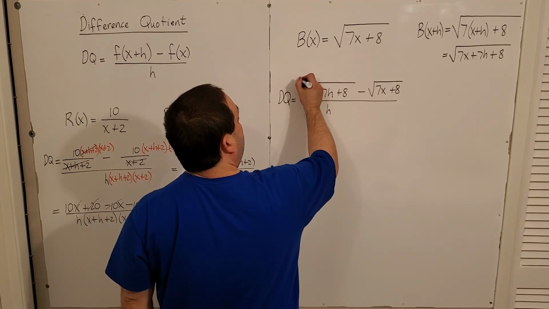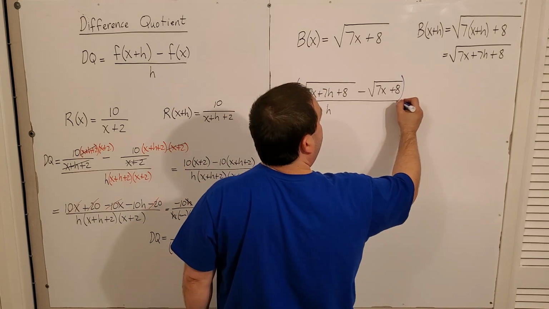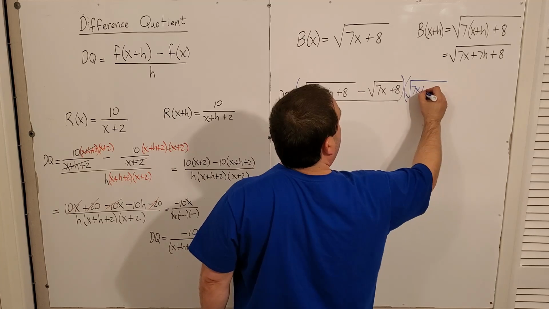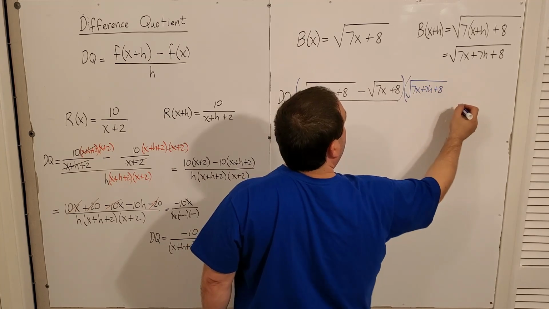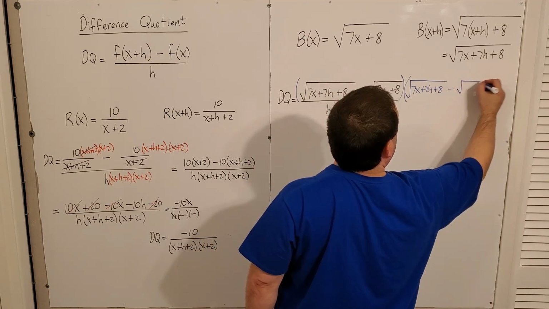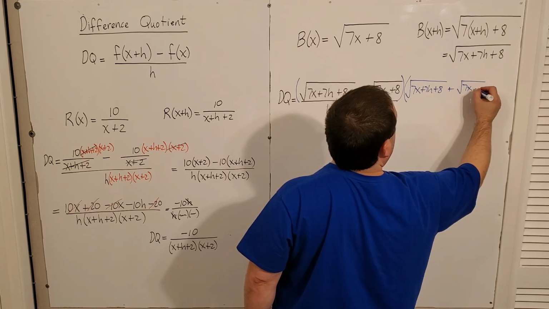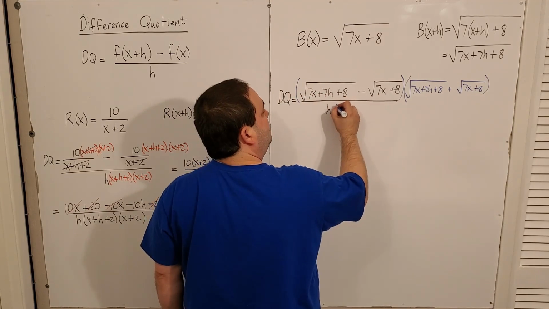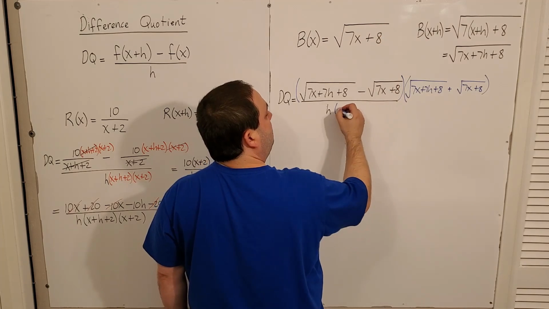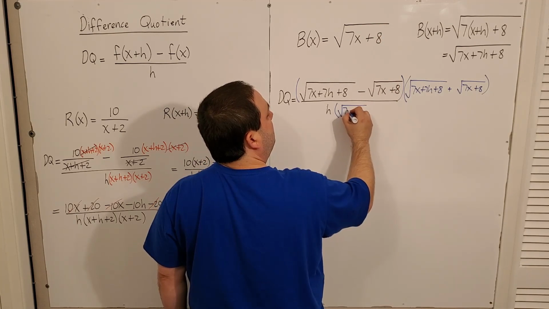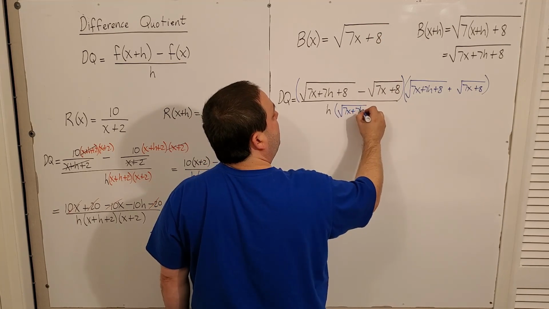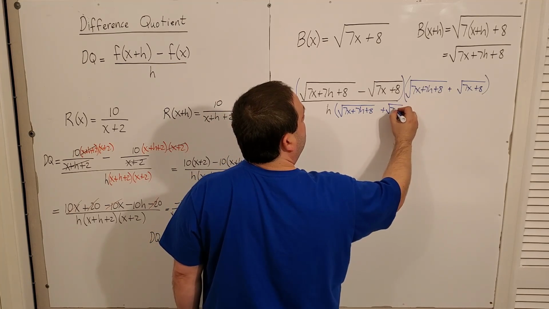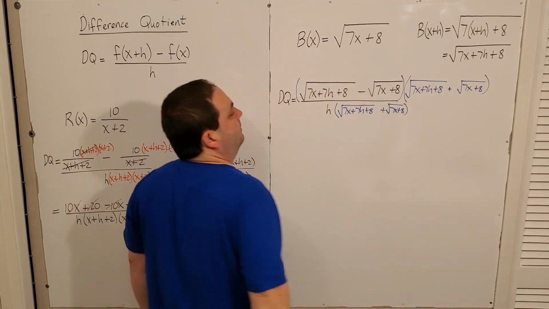That's square root of 7x plus 7h plus 8 plus square root of 7x plus 8. Whatever I do in the numerator, I have to do equally in the denominator.